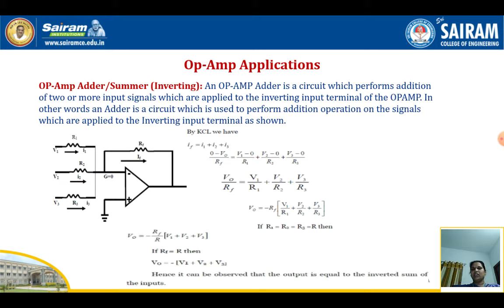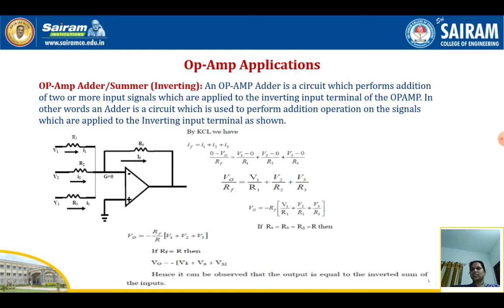We can identify a node at the inverting input terminal and apply KCL, that is Kirchhoff's current law. We can assume that at the inverting node, the potential is 0.